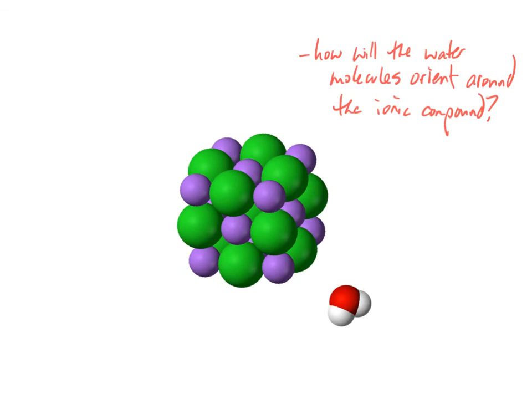The question I want us to think about right now is, how will the water molecules orient around the ionic compound? Because we know that when we put salt in water, it dissolves. Why? Well, we're taught that the water molecules split apart the ions in the ionic compound, but ion-dipole attraction is the why behind why that happens.